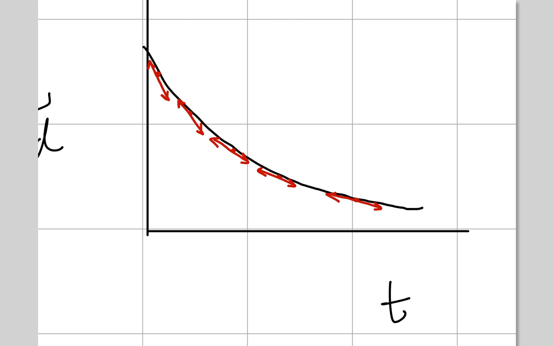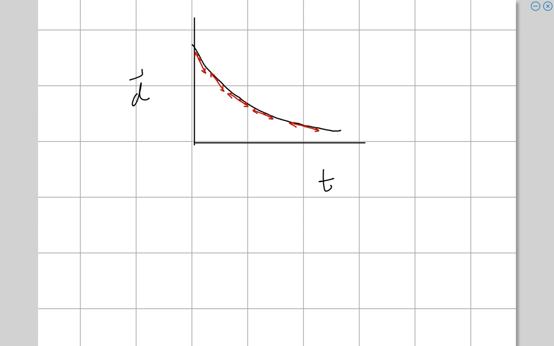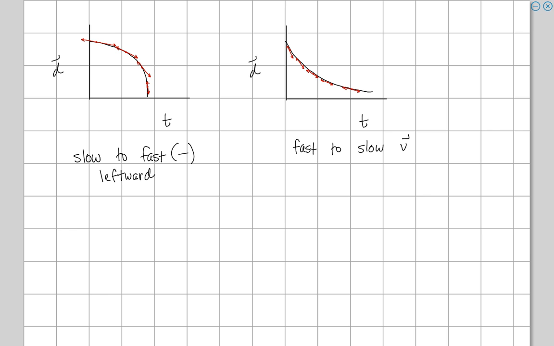So starting off steep, becoming less steep means that this is fast to slow velocity. And is this one going left or right? Good, left, because of the slopes of the tangents.